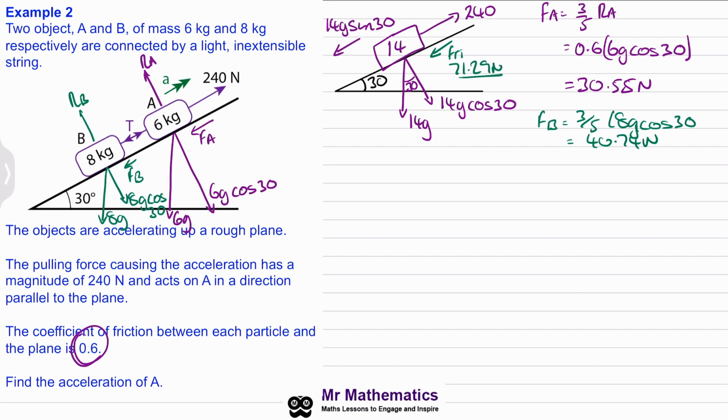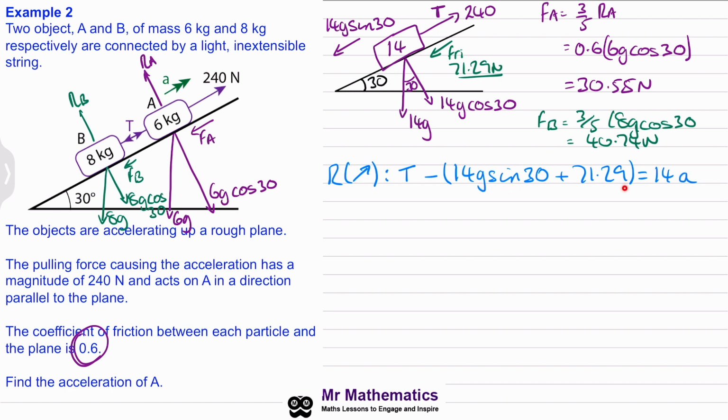Okay, so now we've got all our forces, we can resolve parallel and up the plane, because this is the direction of motion. We know the tension, this tension here, minus the two opposing forces, 14g sin 30 plus the 71.29, will equal the net force of 14 times the acceleration.